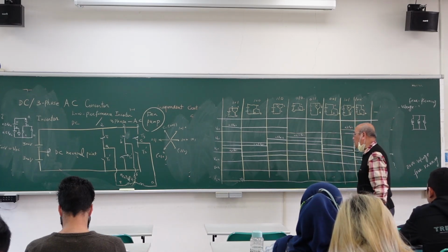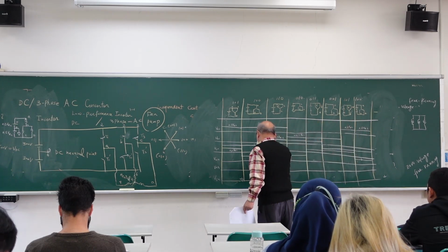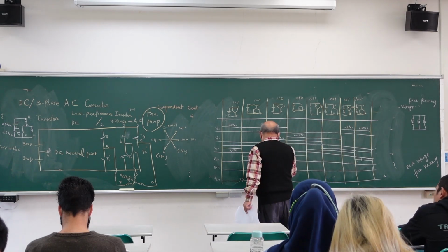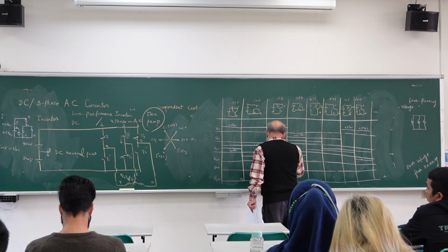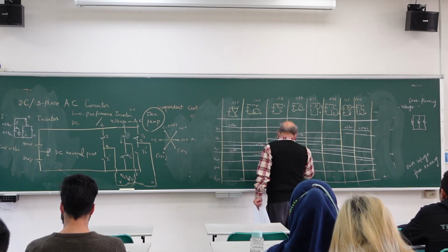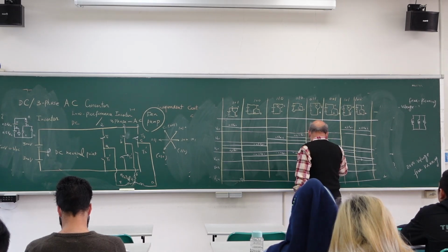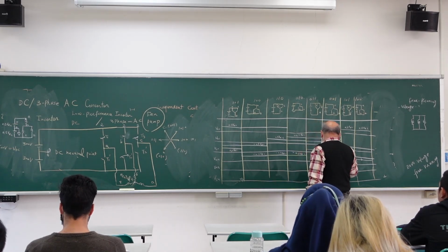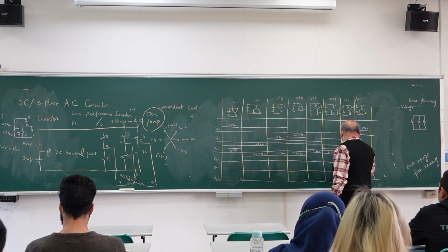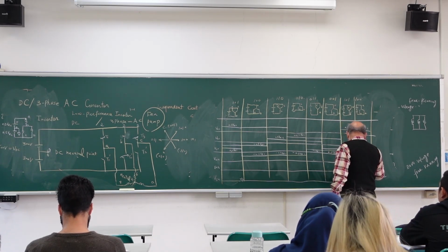So we can draw this: minus 0.5 VDC, minus 0.5 VDC, 0.5 VDC, 0.5 VDC, 0.5 VDC, minus 0.5 VDC.